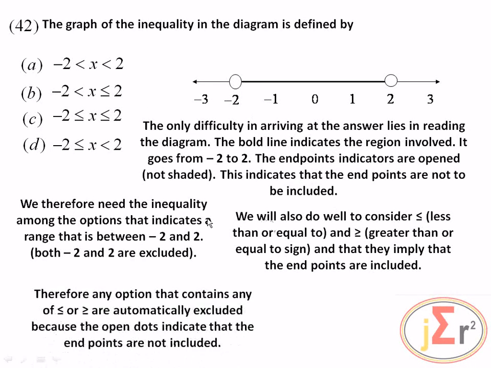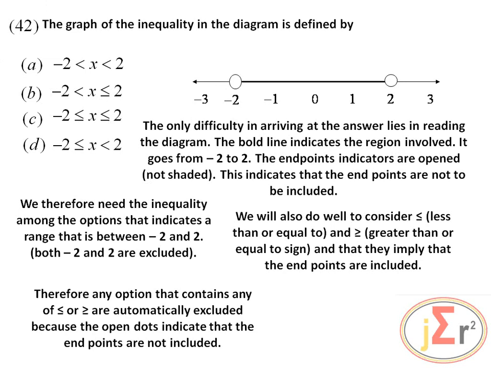Therefore, any option that contains any of the less than or equal to or greater than or equal to signs are automatically excluded, because the open dots indicate that the endpoints are not included. So this sign, this, and this, they all mean less than or equal to.